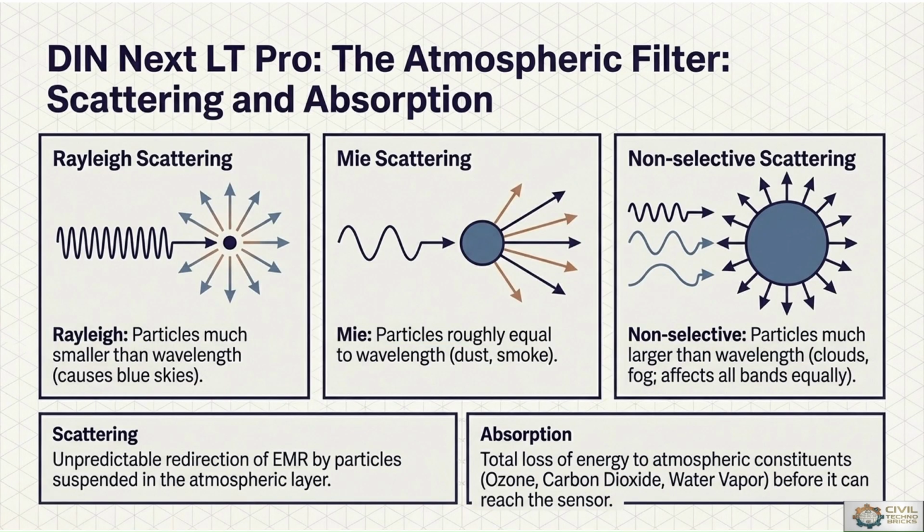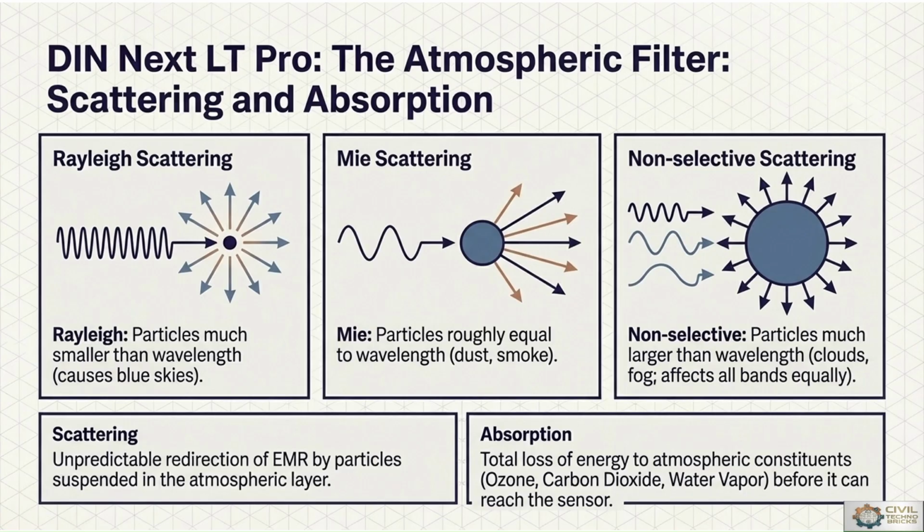The atmospheric filter, that is scattering and absorption. Three conditions are there: Rayleigh scattering, Mie scattering, and non-selective scattering. The diagram itself suggests that in Rayleigh scattering, particles are much smaller than the wavelength, which causes blue skies. In Mie scattering, particles are roughly equal to wavelengths, that means dust and smoke.